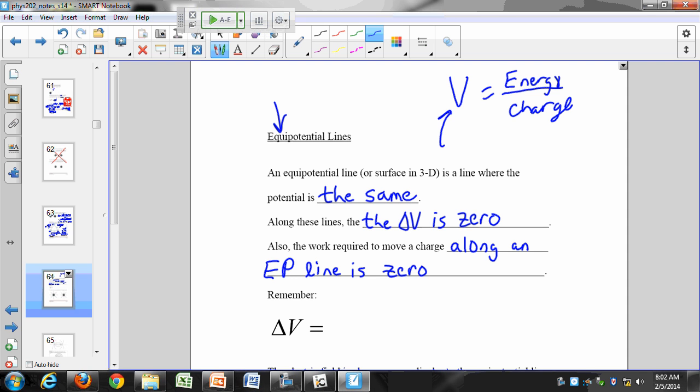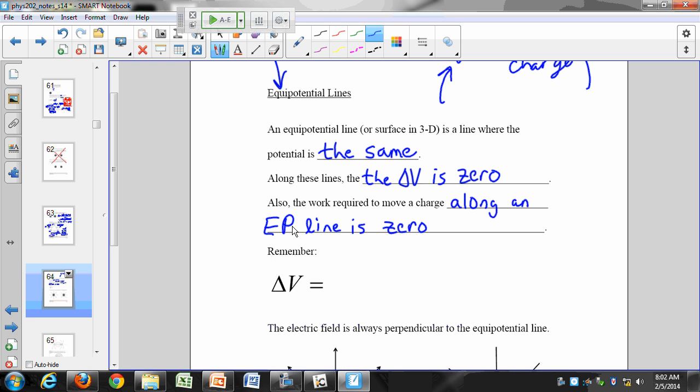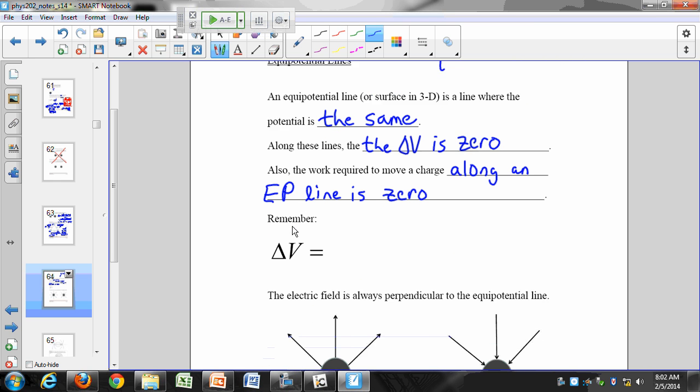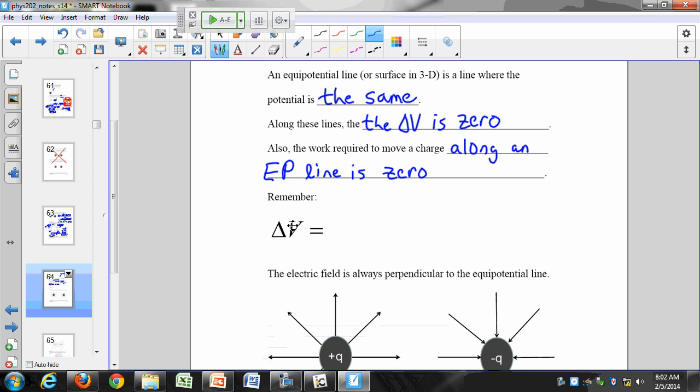So if our potential doesn't change, our energy also is not going to change. And so along an equipotential line where the voltage remains constant, then the energy remains constant. Delta V is VB minus VA, and that's our change in energy over our Q, if you want to fill that in.